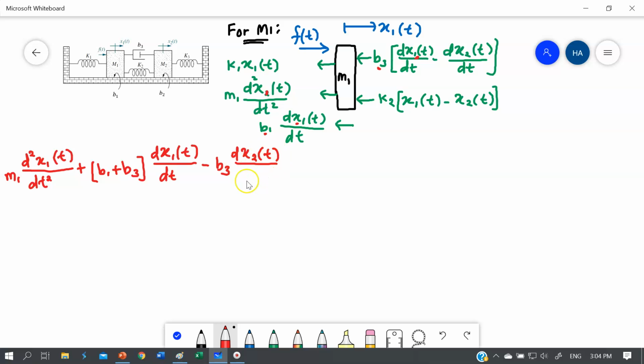Plus for k, we have k multiplied with x1, and here we have k2 multiplied with x1 as well.